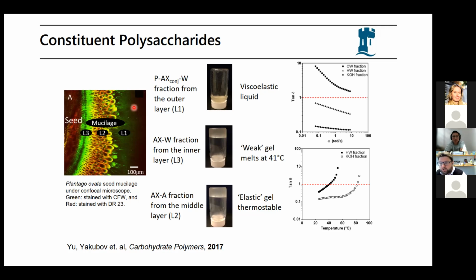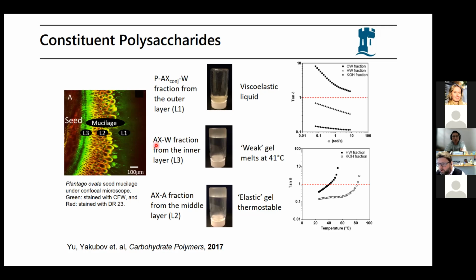But then what was interesting, there were two gel fractions. One gel fraction was melting at about 40-41 degrees, so you can extract it using hot water extraction, for example 50 or 55 degree water. What is left is another gel fraction that doesn't melt even at 100 degrees, and it can only be solubilized in alkaline solution.